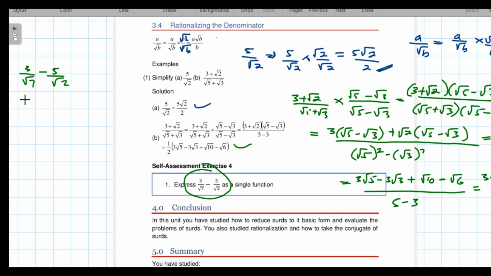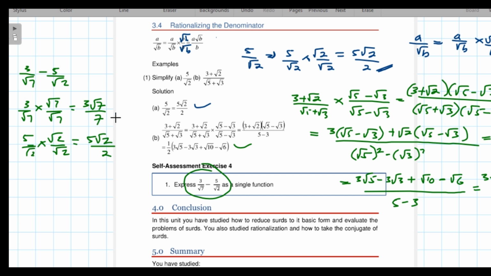So first of all, let's take 3 divided by root 7 and rationalize the denominator. Root 7 divided by root 7. This is going to be 3 root 7 divided by 7. Then let's take the other side. 5 divided by root 2 times root 2 divided by root 2 is going to be equal to 5 root 2 divided by 2.